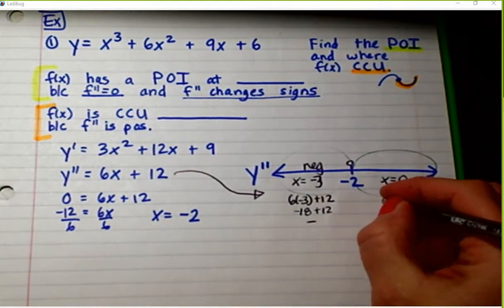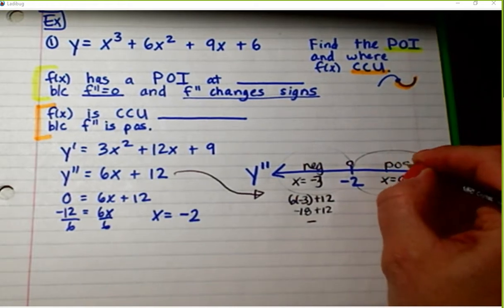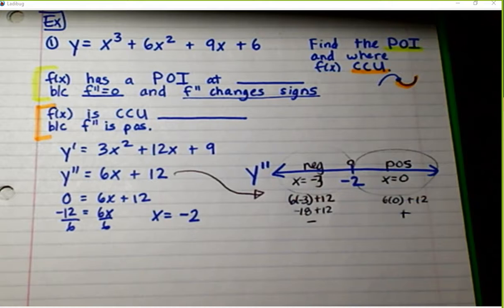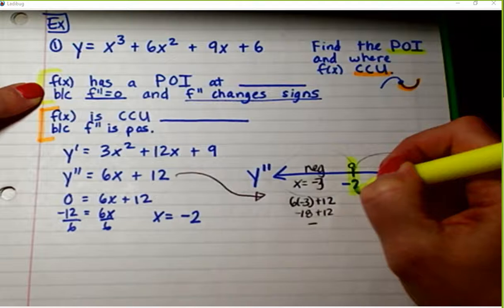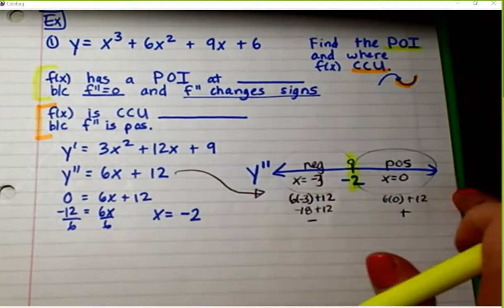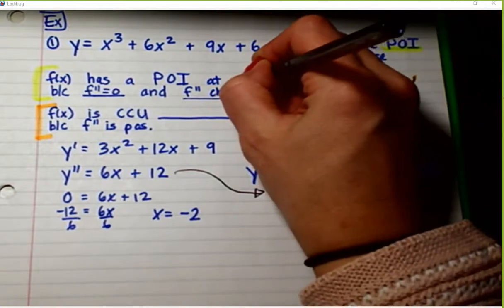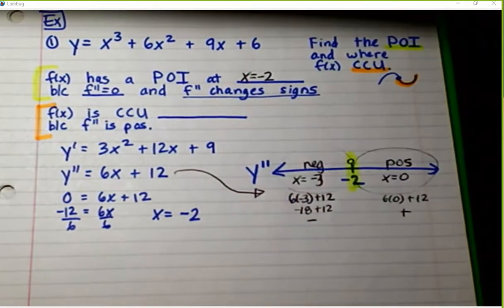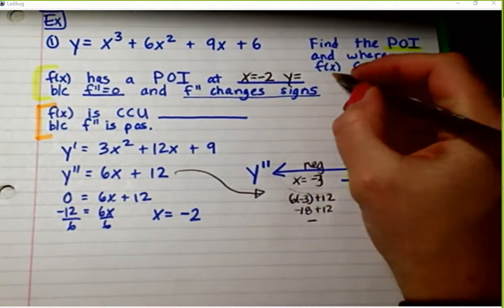So I'm going to test this one. All right. Okay. Point of inflection is where it's changing. Negative to positive. All right, that counts. Okay. X equals -2. Now a point of inflection implies X and Y. So you do need to find the Y coordinate.